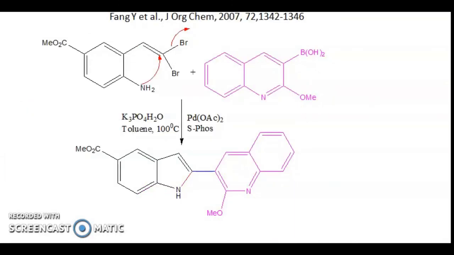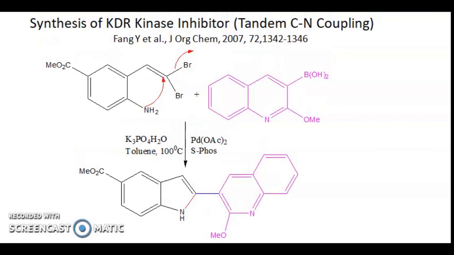Another example is synthesis of KDR kinase inhibitor. This involves CN coupling. Earlier we said it is CC coupling. Here CN coupling happens initially, and then our CC coupling happens.